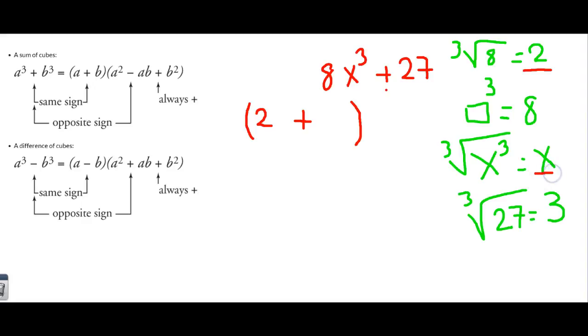It was an x, so the x goes here. So the cubic root of that term is simply 2x, plus, what was the cubic root of 27? It was a 3.